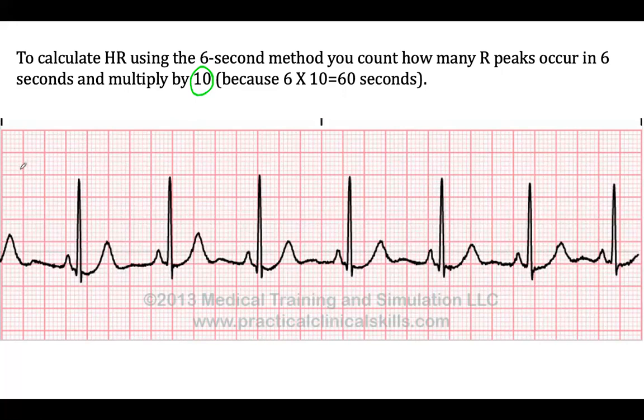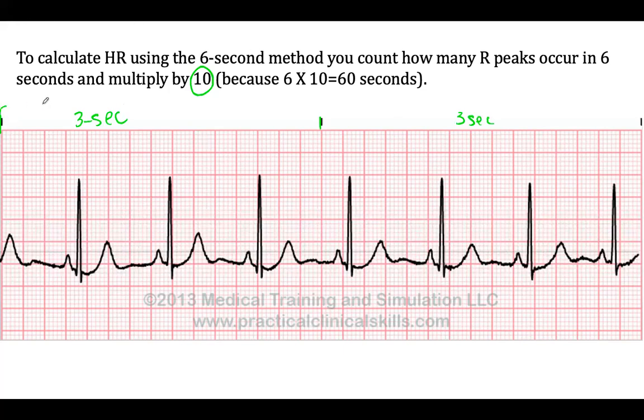So let's count our boxes. 1, 2, 3, 4, 5. 1, 2, 3, 4, 5. 1, 2, 3, 4, 5. So from here to here, this is 3 seconds, right? And then if I repeat this, from there to there is 3 seconds. So this is 15 more boxes.